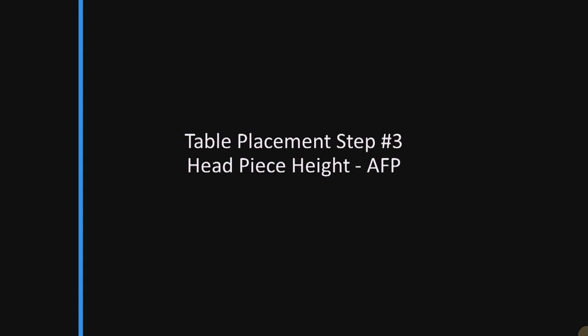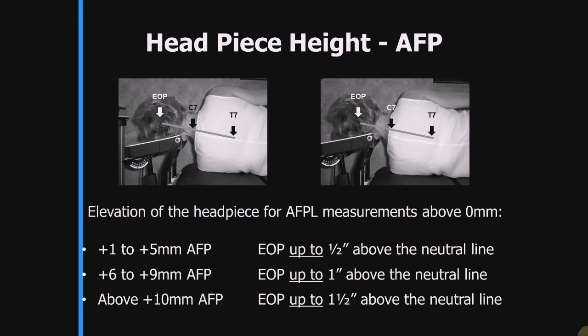Our third step is headpiece height. When we're measuring our x-rays and assigning a plus or minus value to the atlas as it sits above or below the horizontal level, if there's a +1 to +5 millimeter atlas frontal plane line measurement, we're going to raise the headpiece till the EOP is up to 1/2 inch above the neutral spine line.